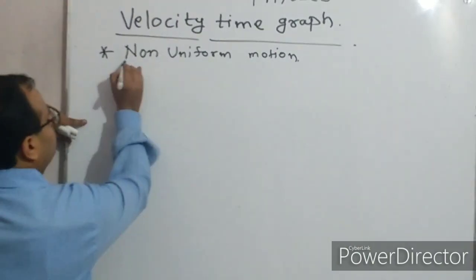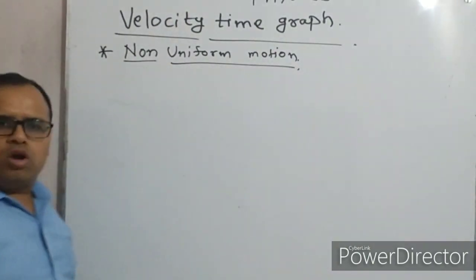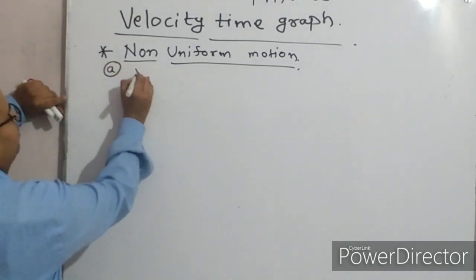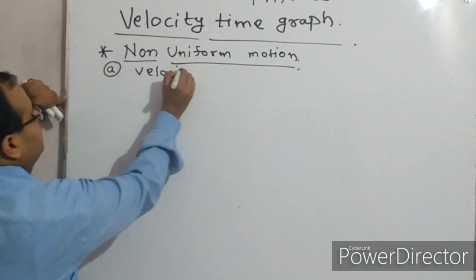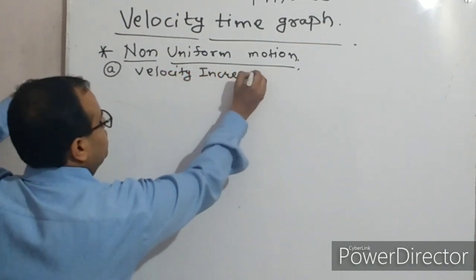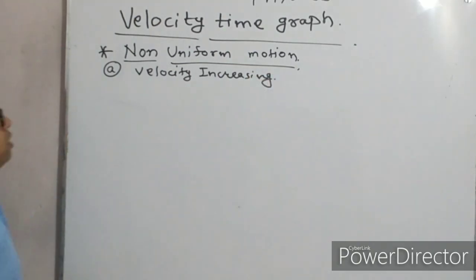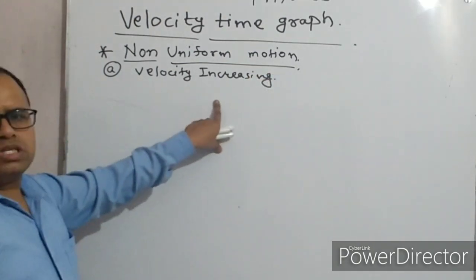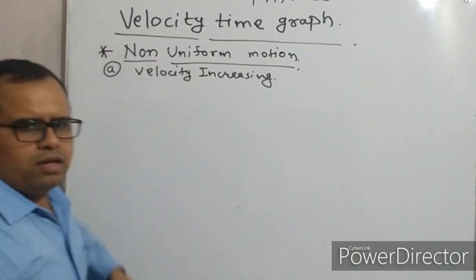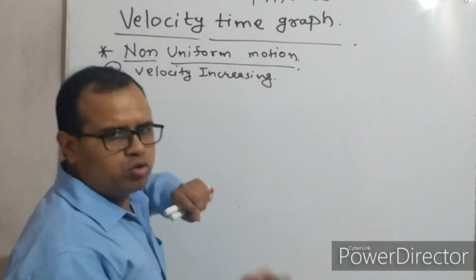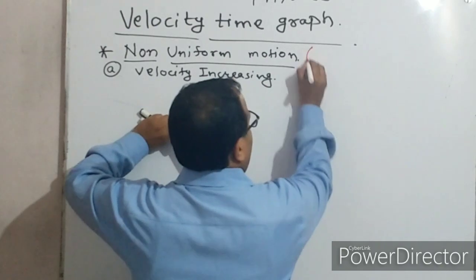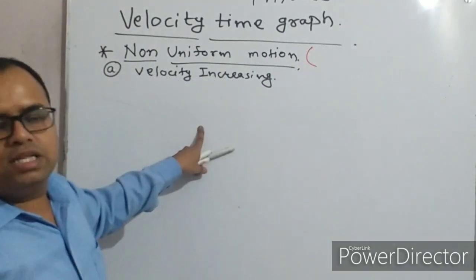So non-uniform motion is what we are talking about, and in non-uniform motion the first case we will see is when the velocity is increasing with time. We can consider it in this manner: suppose this is non-uniform motion with positive acceleration, because here the velocity is increasing with time.